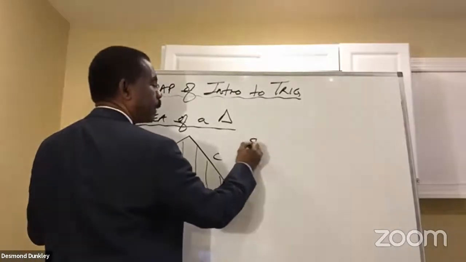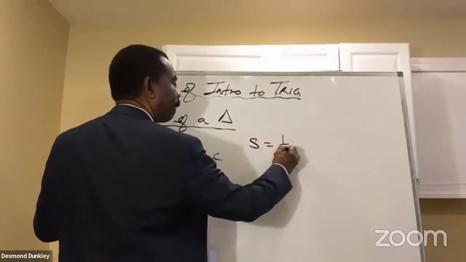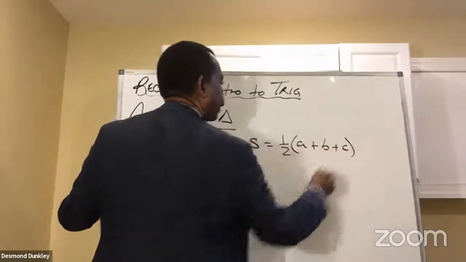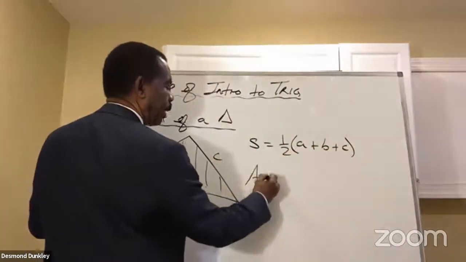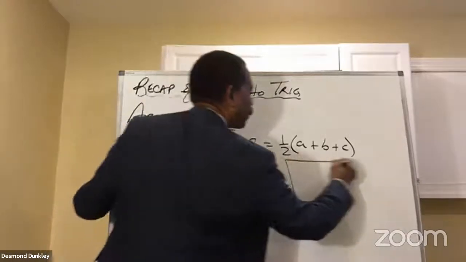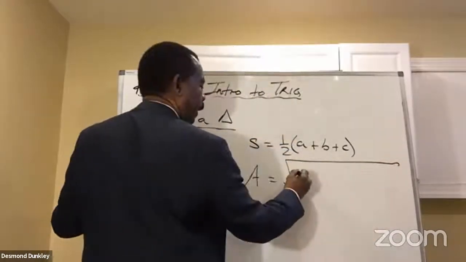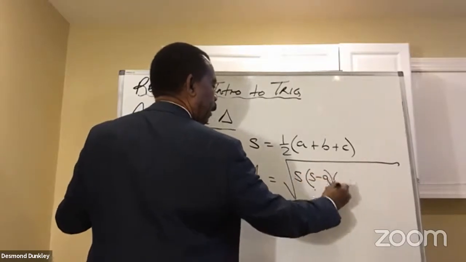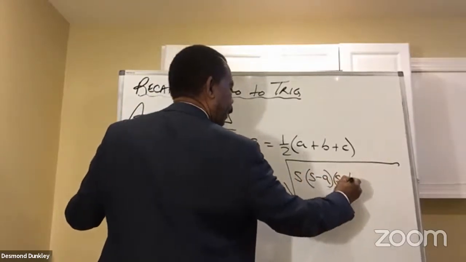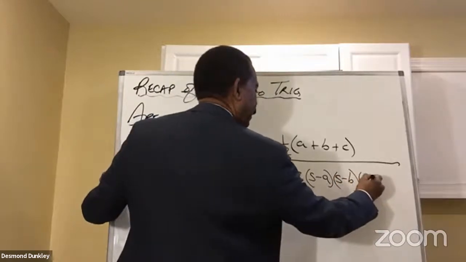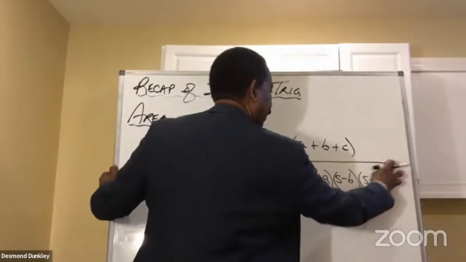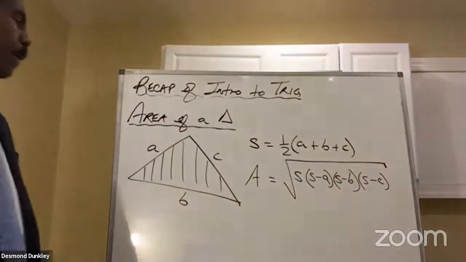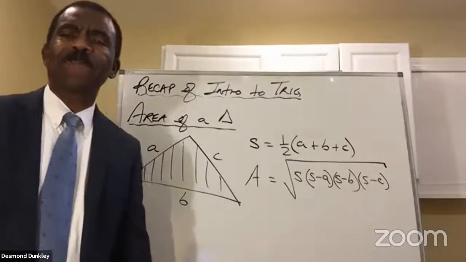by doing two steps. Do S equal to a half A plus B plus C, and then the area is going to be equal to the square root of S times S minus A times S minus B times S minus C. That's the third method.